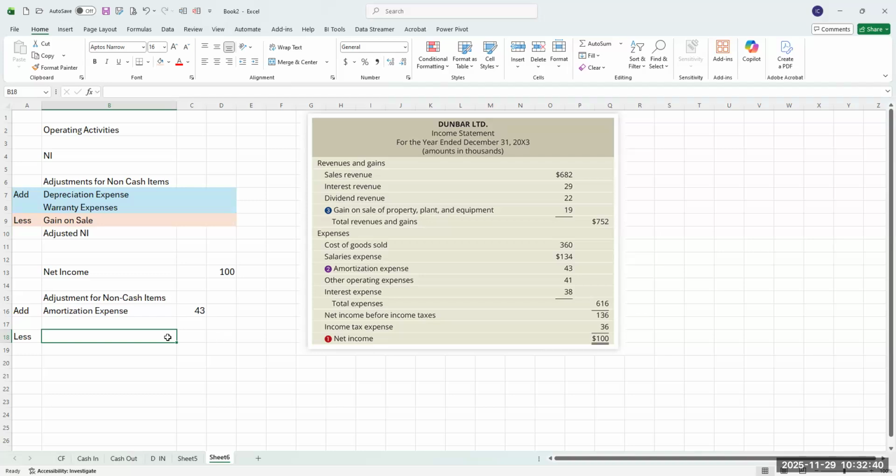Less gain on sale of property, plant, and equipment. Negative $19. So those two gonna give me adjustment to my cash of $24.